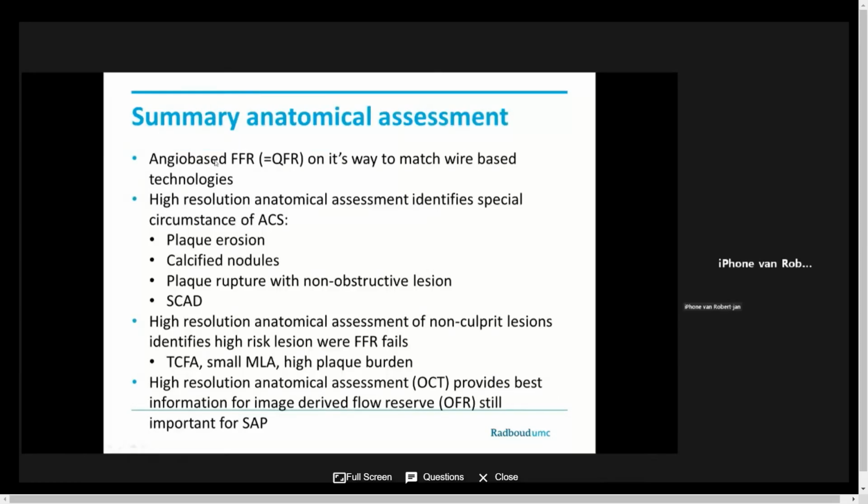So in summary, I think there's a lot possible with the anatomical assessments. The QFR is on its way to match wire-based technologies. High-resolution anatomical imaging will help you to identify plaque erosion, calcified nodules, plaque ruptures with non-obstructive lesions, spontaneous dissections, and then also in the non-culprit lesions.